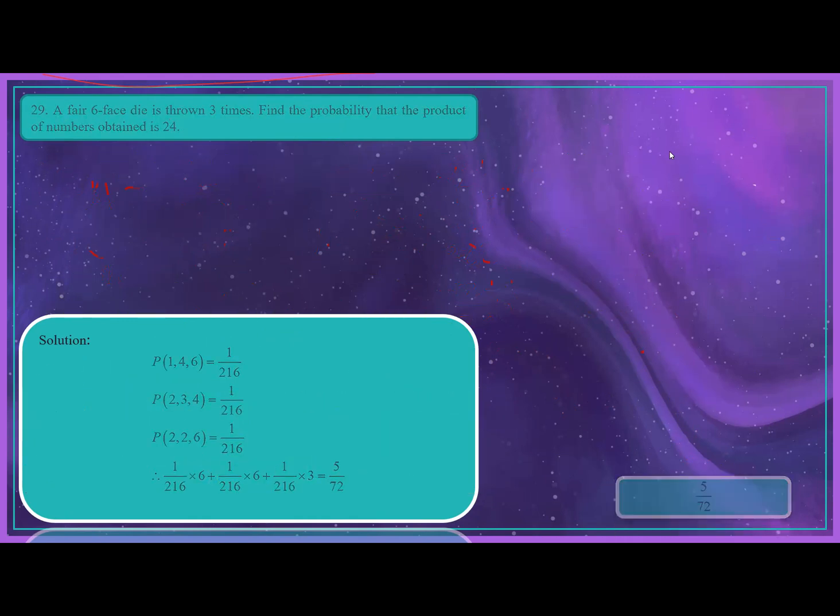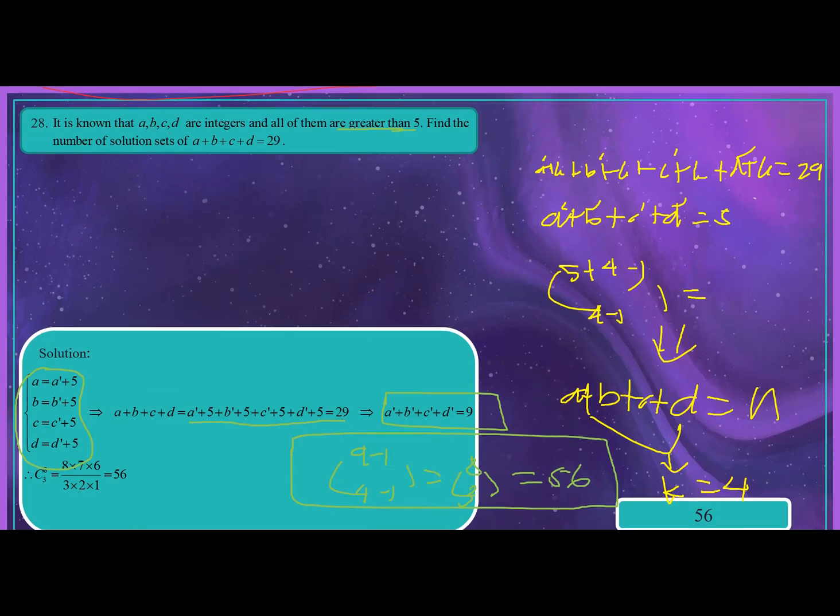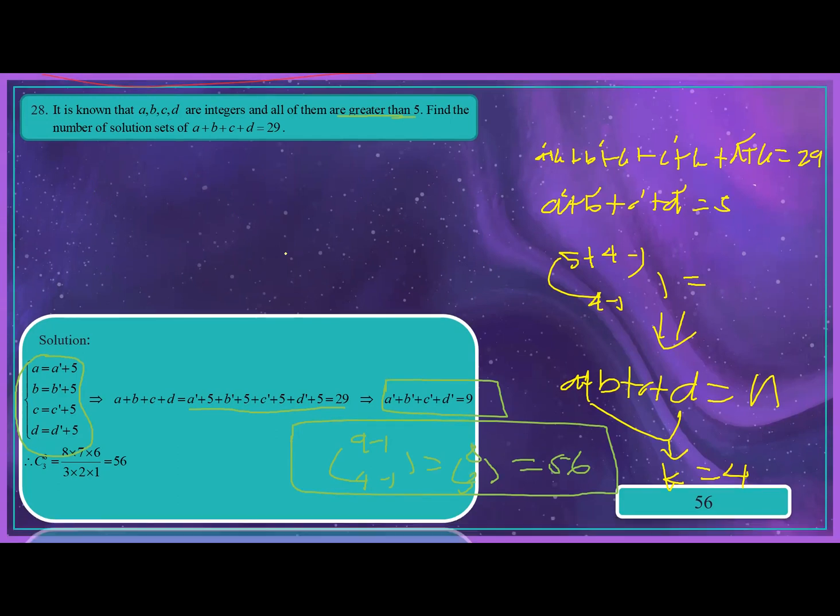So let's go back to number 30. Now it's 28. Okay, so this is the stars and bars.